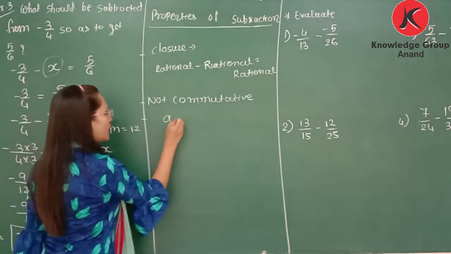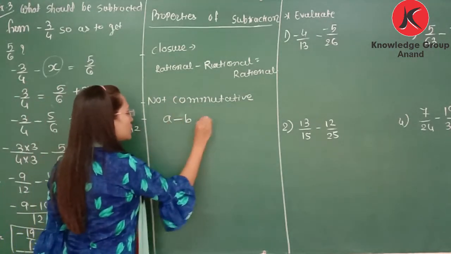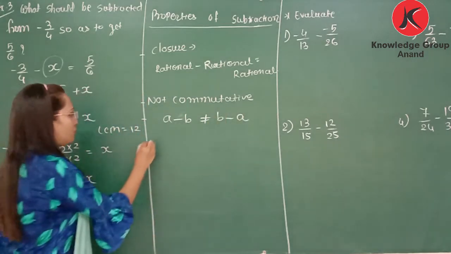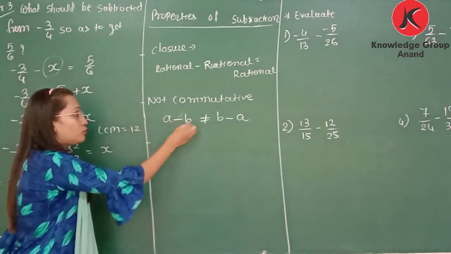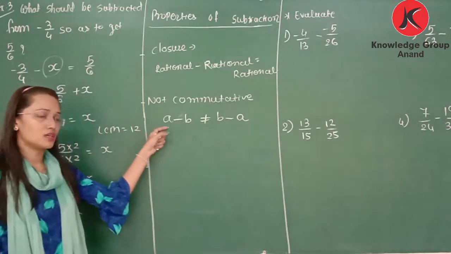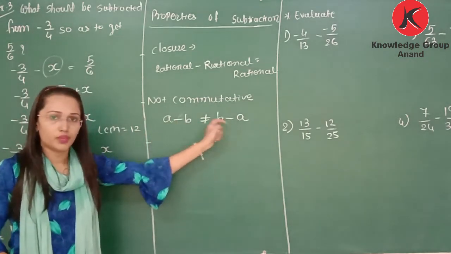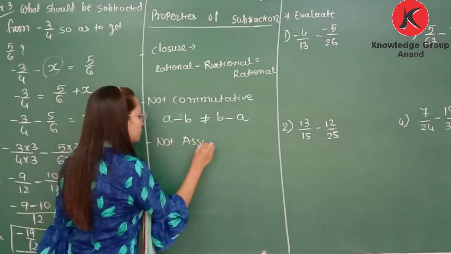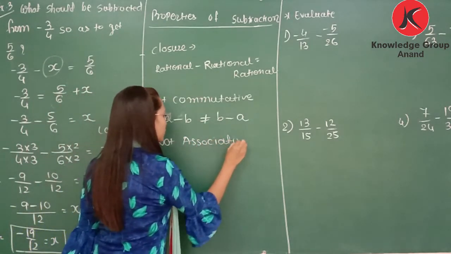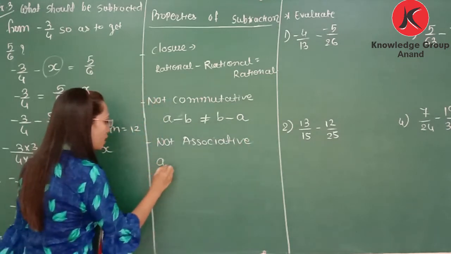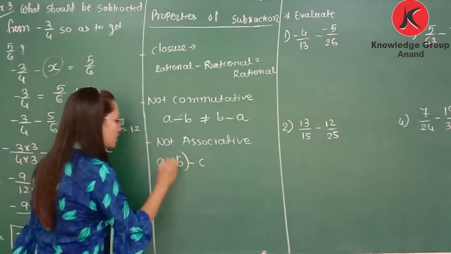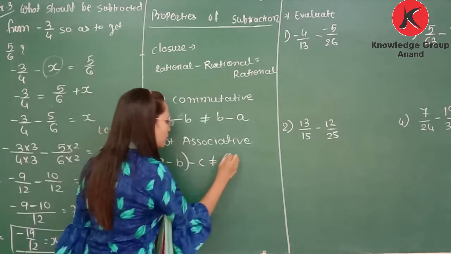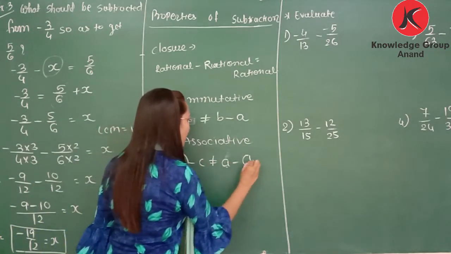Why? Because a minus b is not equal to b minus a. If you take any rational numbers and check this, it is always not equal. It is also not associative, because if we have a minus b, minus c, with the bracket on a and b, it is not equal to a minus the bracket b minus c.